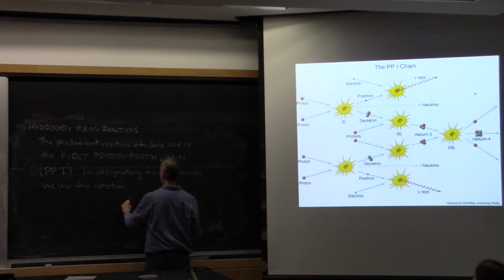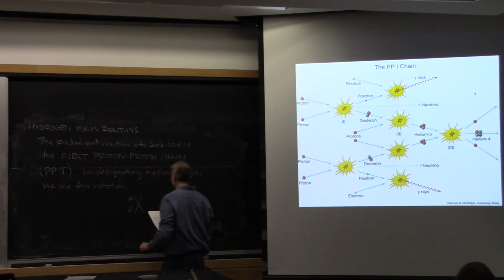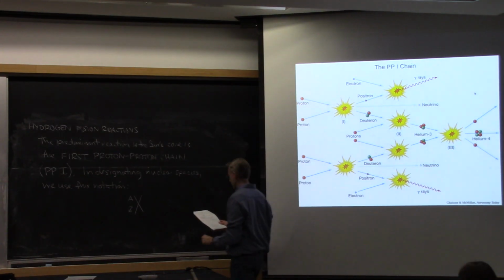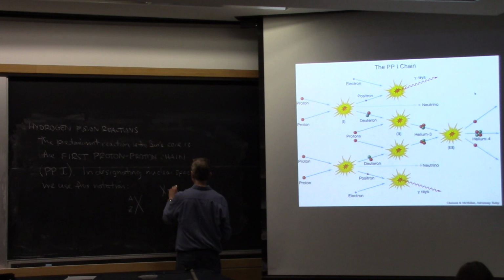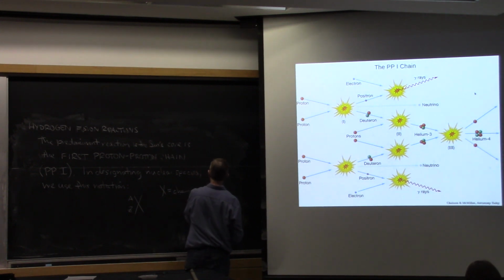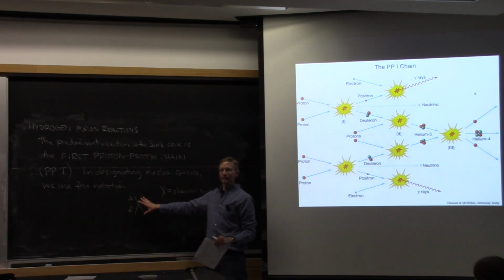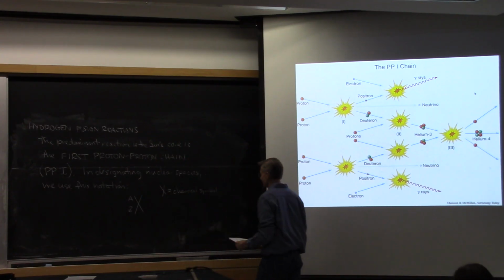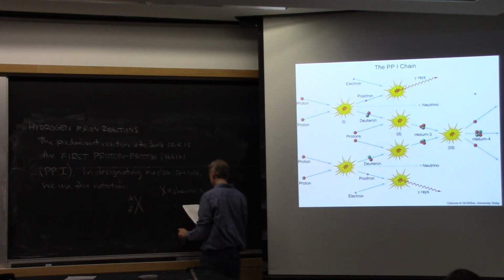We've got capital A, capital Z, giant capital X. X equals the chemical symbol. For example, there might be a big H here, or an He, or a C, or whatever. It's the chemical species designation. X is the chemical symbol of the nucleus involved.